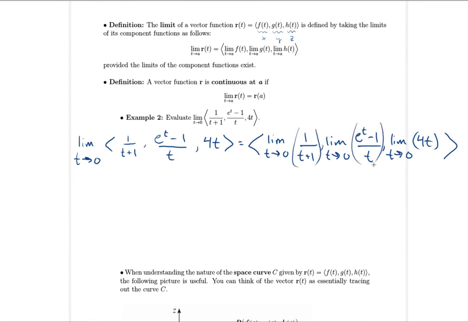Now you can see that in this one, there's no problem. As t goes to 0, the x component goes to 1 overall. Now here, if you let t go to 0, then the top goes to 0, but then so does the bottom.